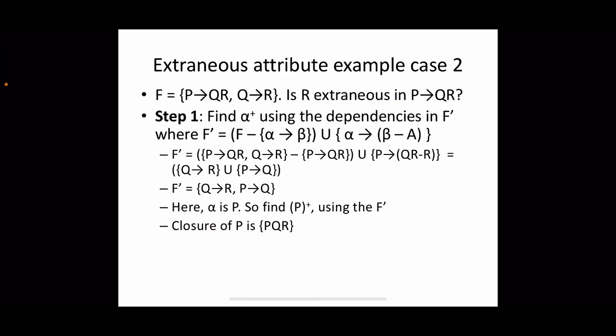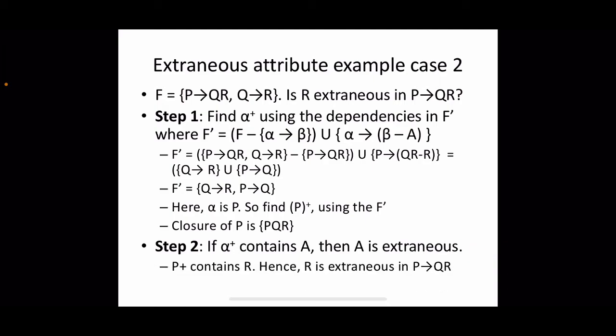Yeah, R is there. So we can say that A is extraneous. Alpha closure contains A. So thus R is extraneous, so we can remove this R from this dependency. So the new dependency set will be P determines R and Q determines R. This is how we can remove extraneous attributes from a set of dependencies.